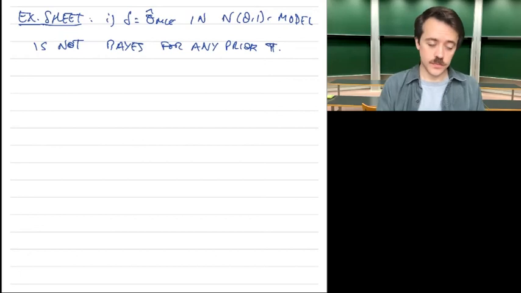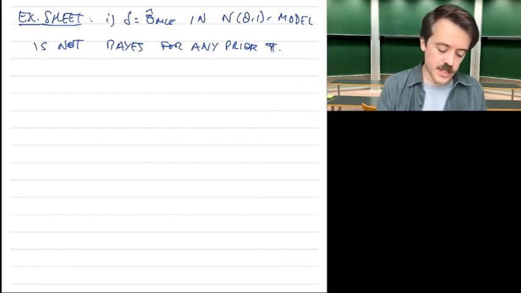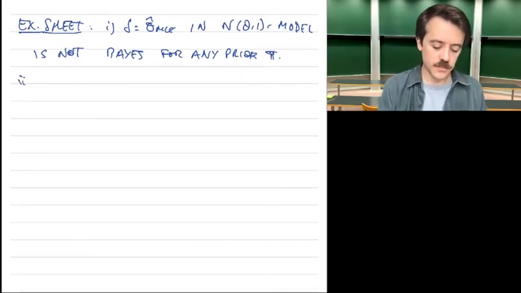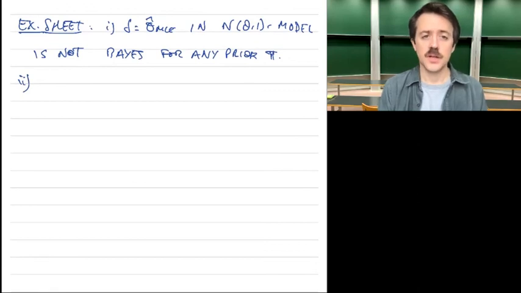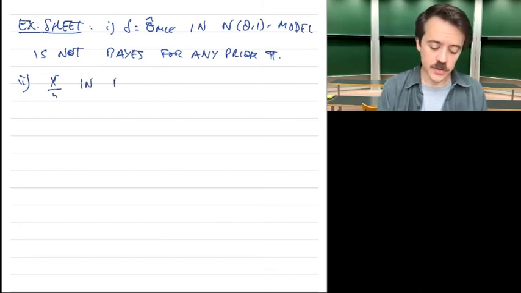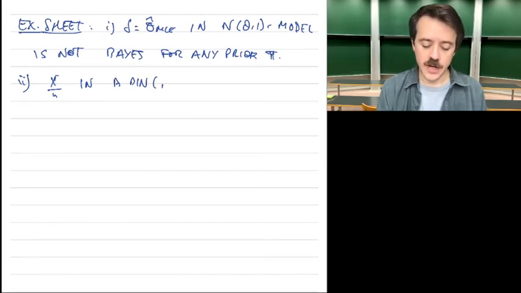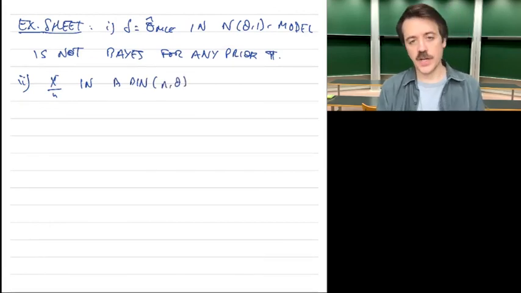Okay, so let's now give a second example. Let's say X over n in a binomial model with parameters n and theta, so n is known, of course.